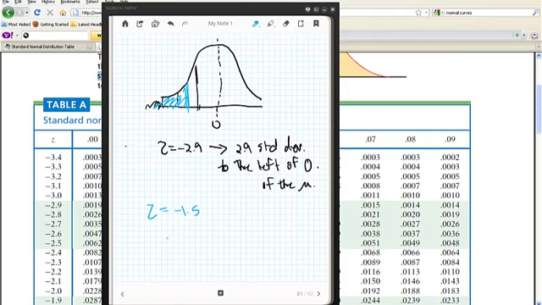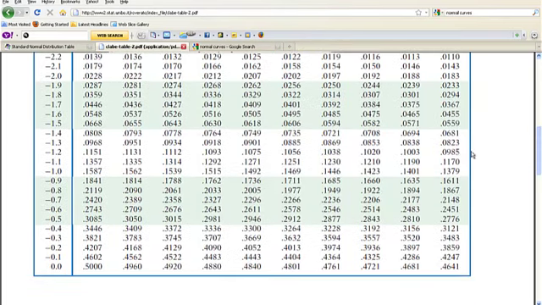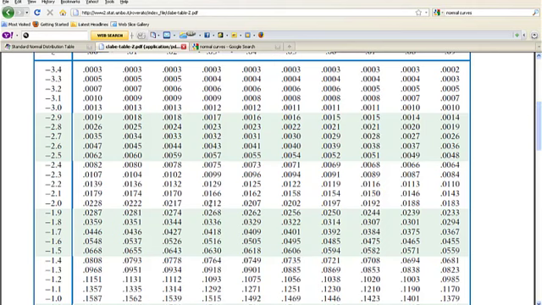Now I'm going to start rewriting this as the probability that Z is less than negative 1.5, because that's really what it is. I'm talking about less than negative 1.5. Back over here, I'm going to try and find negative 1.5. Oh, there's negative 1.50, right there.